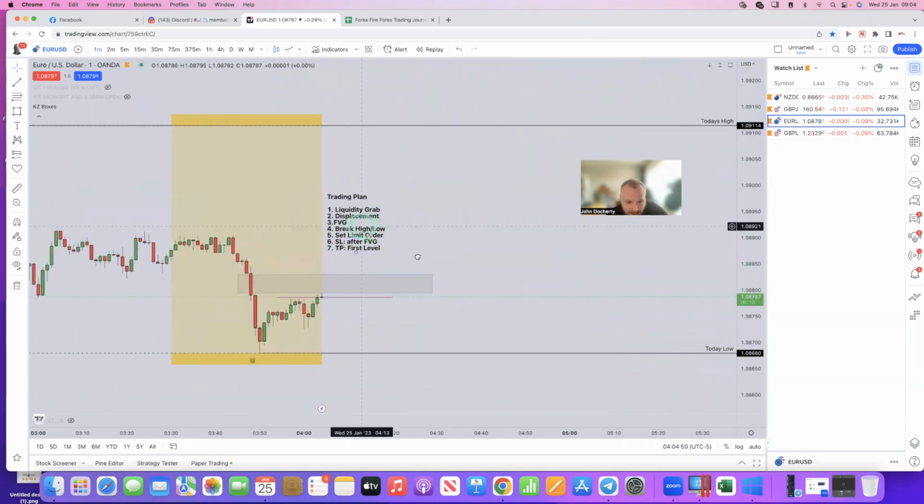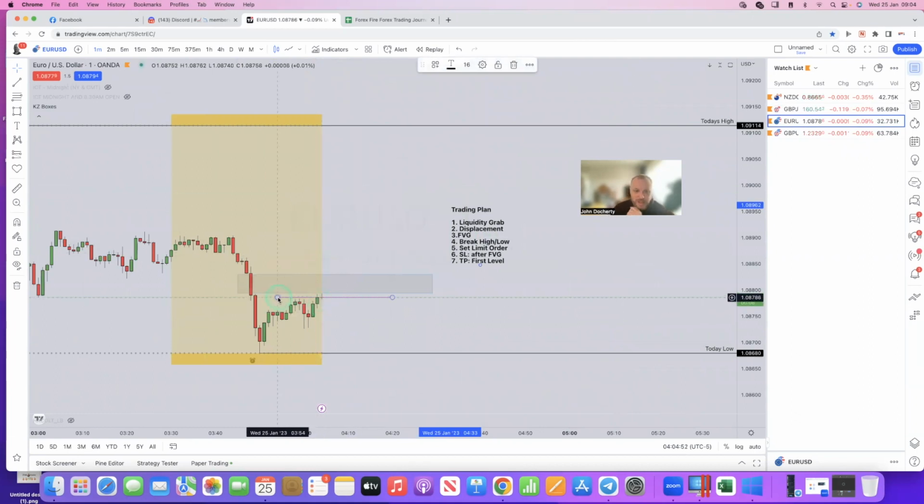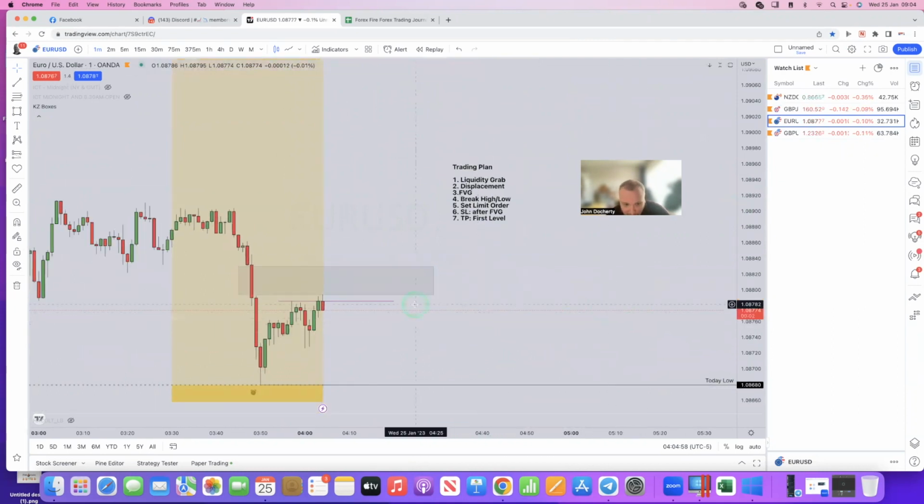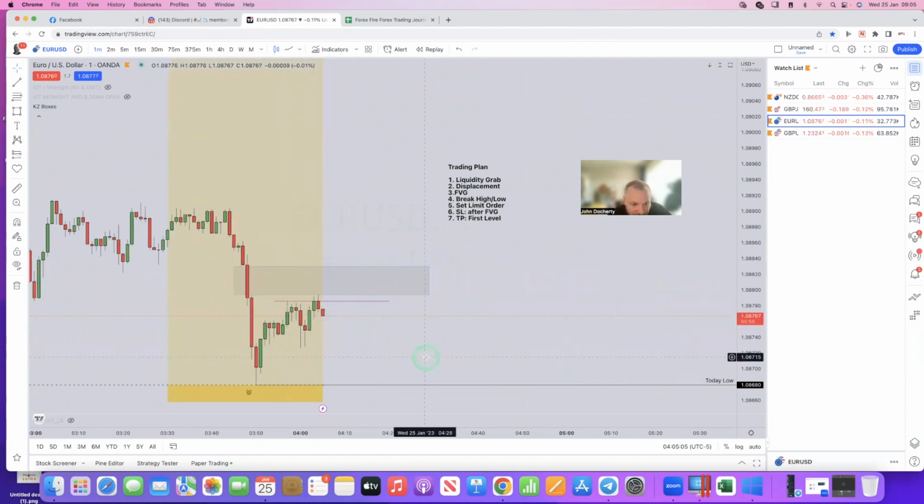12 seconds for this candle, and we're bang on the liquidity line. We did take a little bit of a grab, excuse me, but we're coming back through. I would like to see a push to the higher side, to be fair.